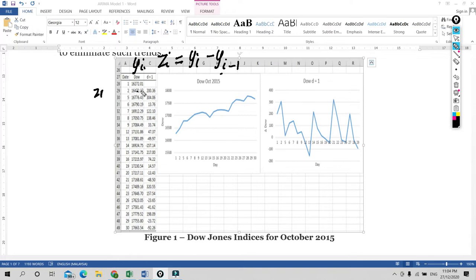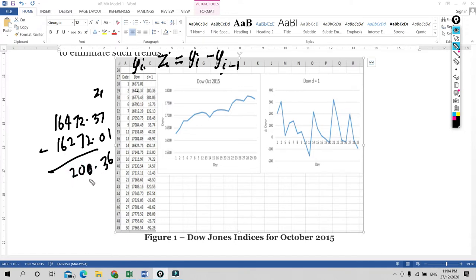So Z sub i is equal to 16472.37 minus the previous one, 16272.01. So Z1 is equal to 200.36. This is the value.